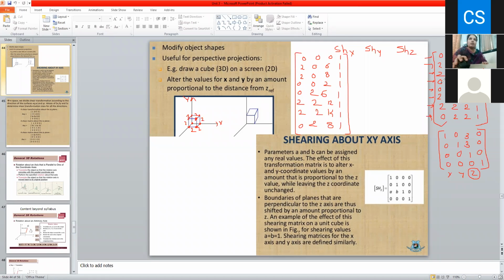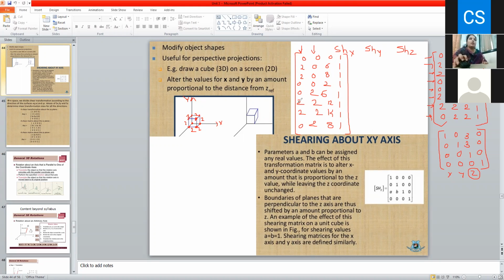The whole thing 0 2 2 0 0 2 2 0, we are finding the same results in the x values 0 2 2 0 0 2 2 0, then y values 0 0 0 0 and 4 times 2, 4 times 0 and 4 times 2. So x and y are not going to change, only z is changing. Only z is changing, and as only z is changing, you will get the deformation in the shape. It is no longer a cube now.